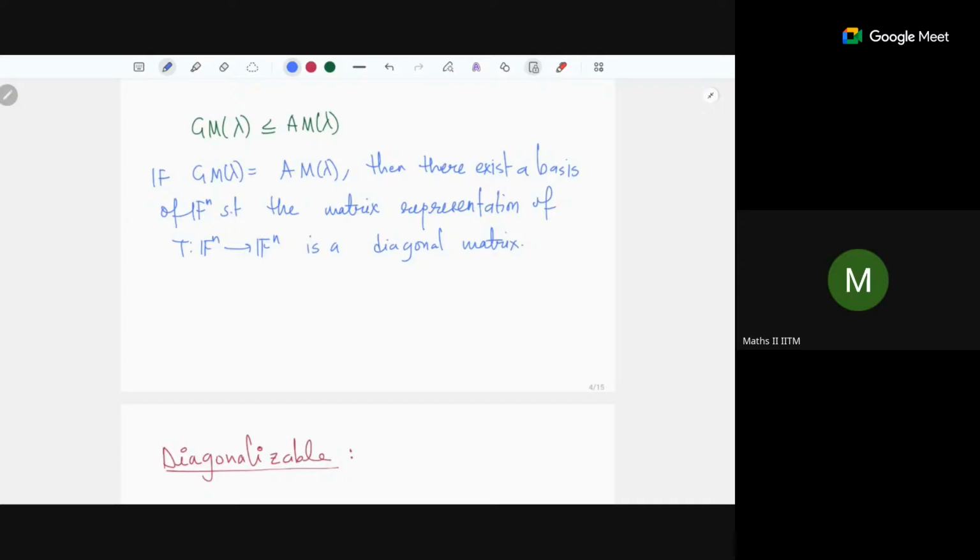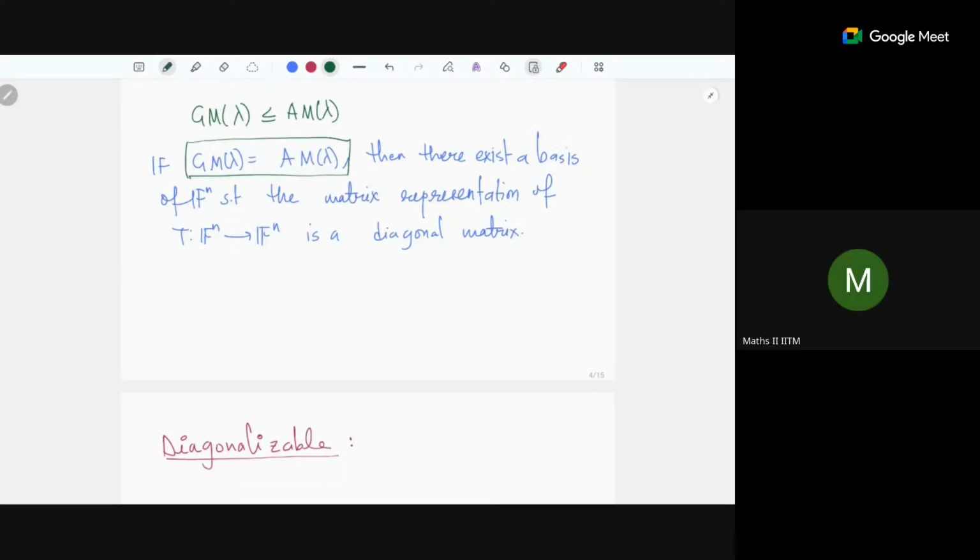This is what is called diagonalizability, and it holds true when the algebraic multiplicity and geometric multiplicity of the eigenvalues are equal.